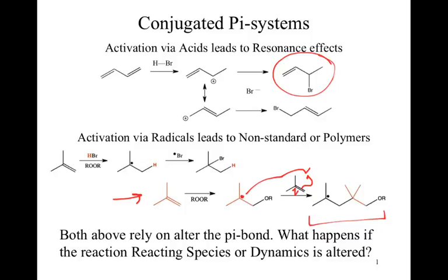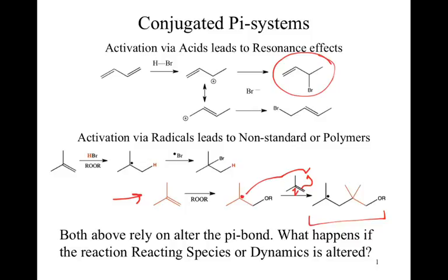That new product is also radical, and then this can go through and polymerize again and again and again. So we get these big, long, extended alkyl chains. So our radicals tend to push either these non-standard, non-expected products, and then polymers.